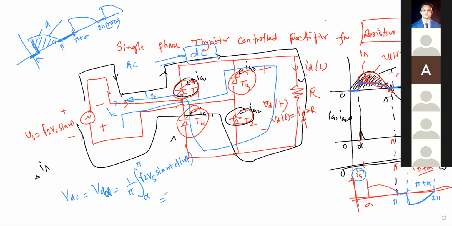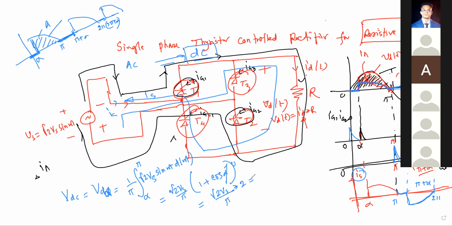So now, if you do the integration, then that will come as root 2 Vs by pi, then 1 plus cosine of alpha. Now, if alpha equal to 0, if you start here and you are applying the firing pulse here, then if you put alpha equal to 0, what you should get is root 2 Vs by pi multiplied by 2.